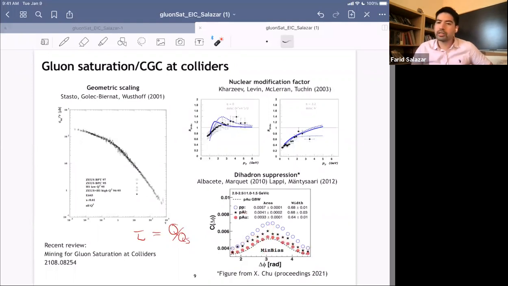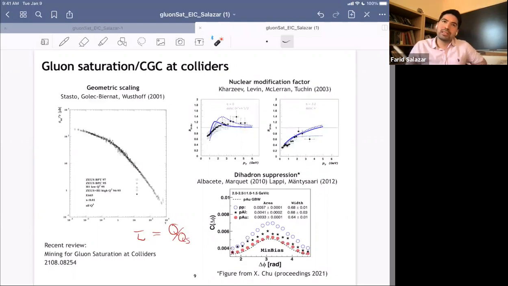I should definitely mention that all of these observables, or most of them, have other competing mechanisms which lead to the same kind of physics. So none of these observables is truly proof or clear evidence of saturation. We have to work harder because there are other physical mechanisms which lead to these kinds of signals.